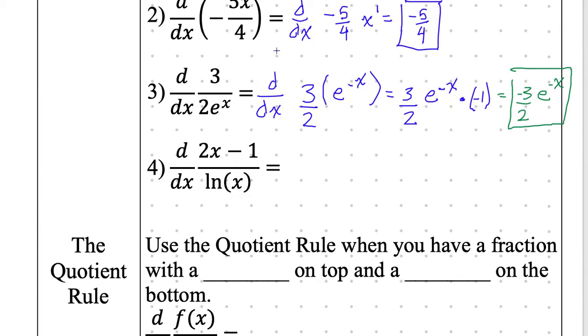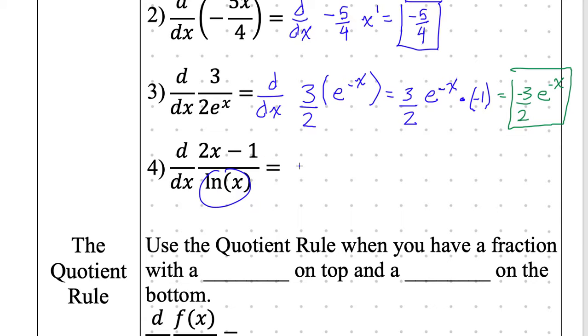All right, so this one, number 4. Take the derivative of 2x minus 1 over natural log of x. I'm not even going to let you try this because you should be confused. You should be saying, I don't know how to do that. Maybe you might be thinking, oh, maybe you can bring this natural log up here and change it to the negative 1.